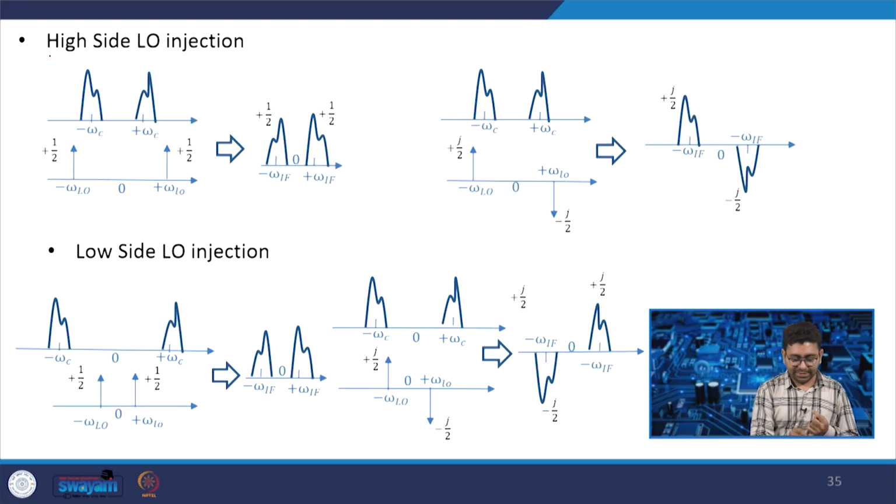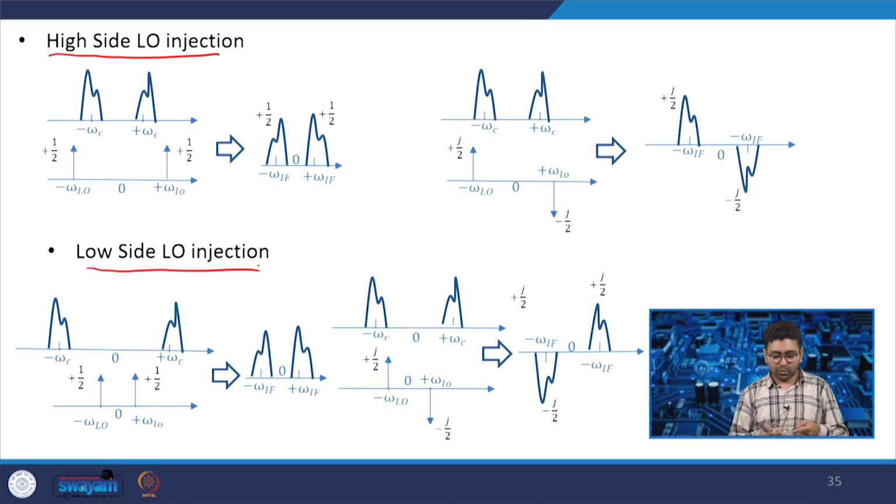There is another thing I just want to add. There are two kinds of LO injection possible. One is high side LO injection and another is low side LO injection. If you do high side LO injection, your omega LO is higher compared to omega c, that is the carrier frequency. In the previous example our omega LO was less than the carrier frequency.